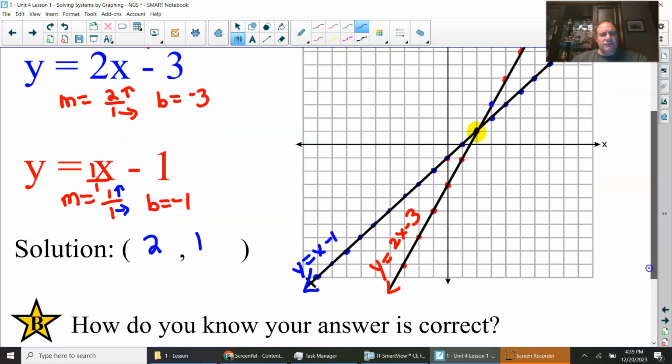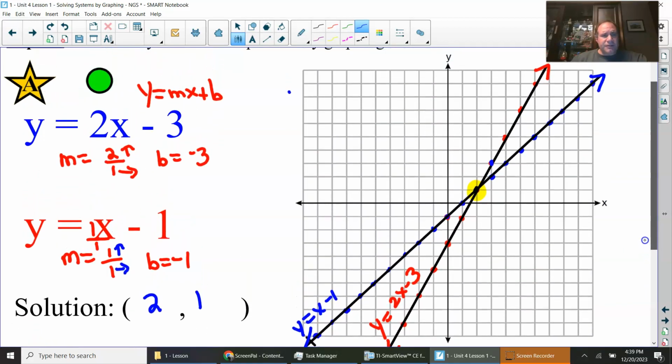How do you know your answer is correct? You can substitute in, and just so I am clear here to you and you are understanding, the y is 1. So the x is 2. That's an input. So if I put this 2 in for the x, 2 times 2 minus 3, that's 4 minus 3.